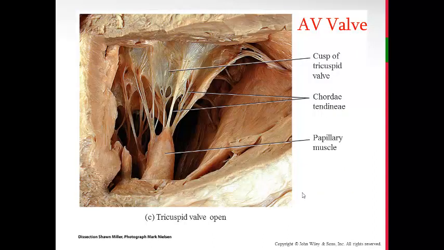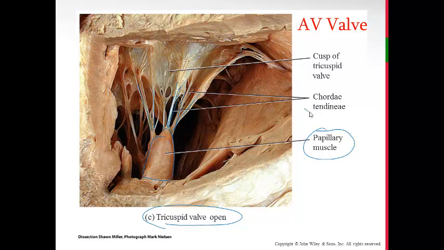You can see the AV valve very close. This is a diagram, a picture of your tricuspid valve. If you take a look at the cusps over here, they're not just floating by themselves. They are actually attached to the bottom muscles, which are called the papillary muscles, through these strings.